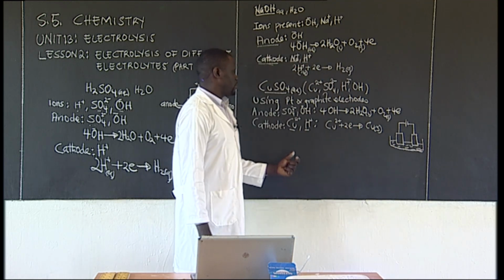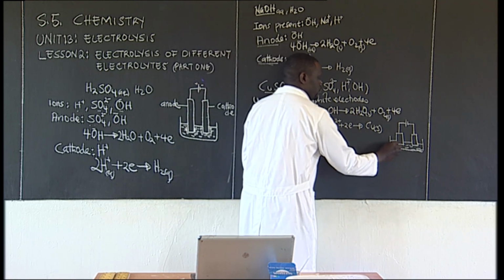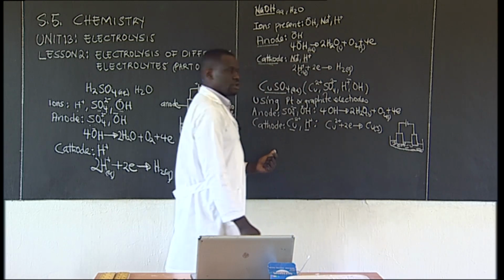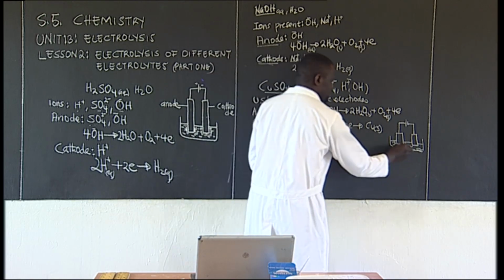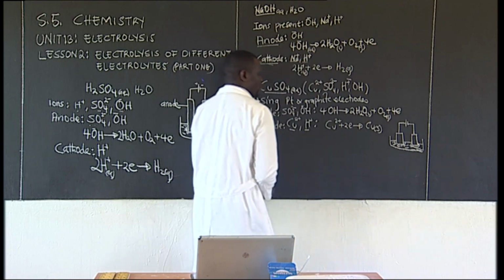At the anode, we shall have bubbles. Then at the cathode, because we have a deposit of copper, it will increase in size. So those are the observations.